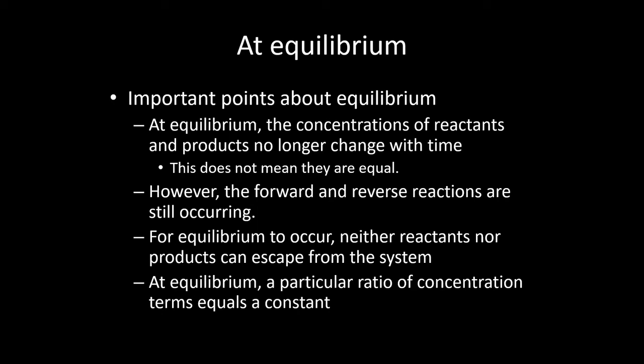It's still going to have the same number of cars on each side. So we do not have to have equal numbers of molecules or concentrations on the two sides of the reaction. We just can't have those reactions changing, or the concentrations changing.